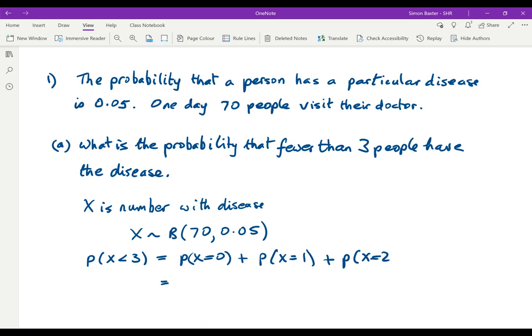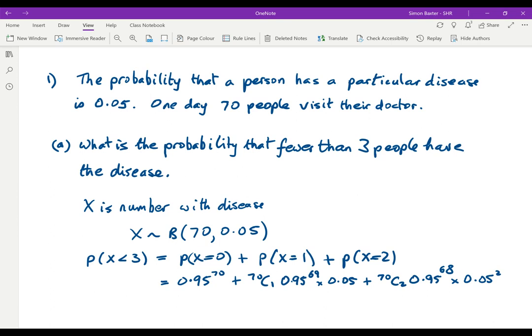So this is equal to 0.95 to the power 70, plus 70C1 times 0.95 to the power 69 times 0.05, plus 70C2 times 0.95 to the 68 times 0.05 squared.